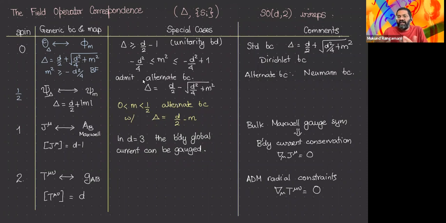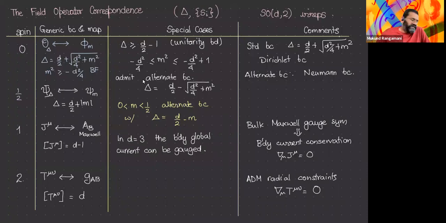But you can ask, can I gauge that current? Can I make it dynamical? Can I add a Maxwell term to that boundary theory? And the answer is yes, but only in D equals 3, because in D equals 3 you can cheat by not really gauging with a Maxwell term, but by a Chern-Simons term.